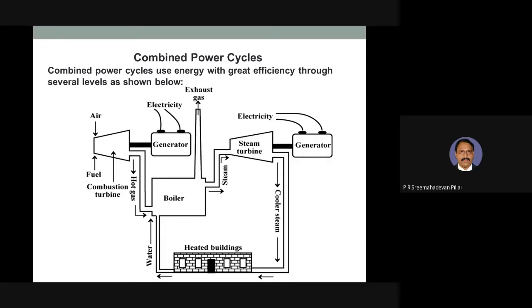In another place, the heat is recovered from the steam, and that is again used for generating electricity. That is secondary generation, or cogeneration. So combined power cycles can be there. See the next one.